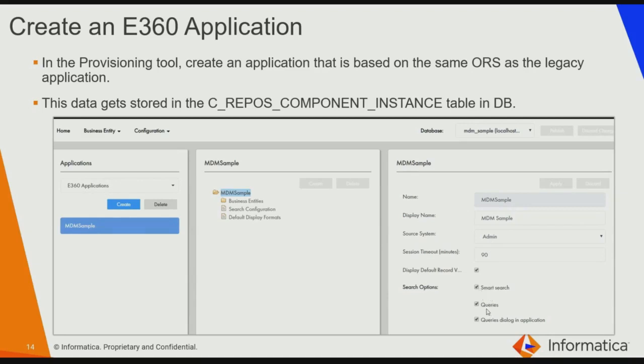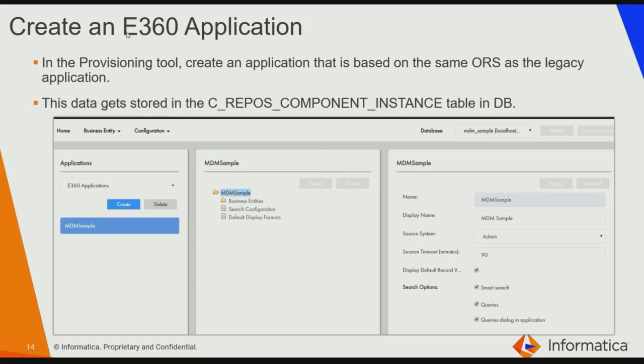Along with smart search, we still support query-based search in business entities, which is similar to subject area configuration, where we used to create queries for a specific subject area and save it. We have similar capability for specific business entities. You can create queries and save it.